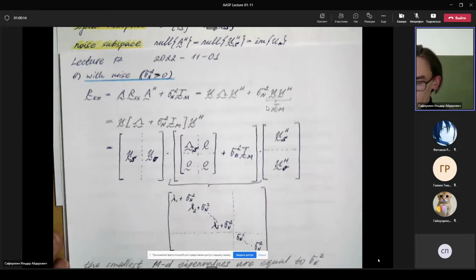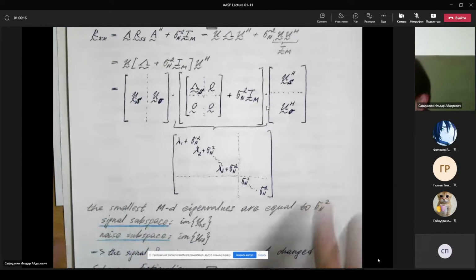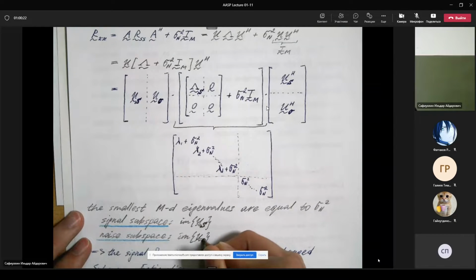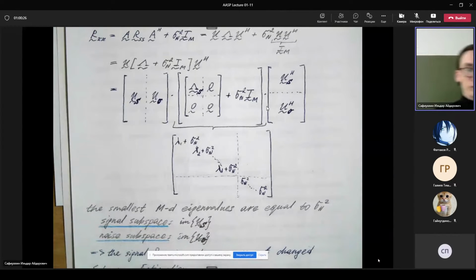So here this pencil thing, U of S and U of 0. And now we can easily go to the special cases.